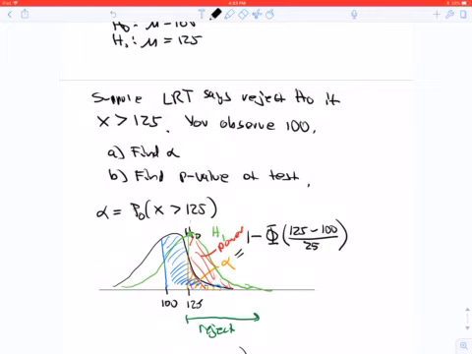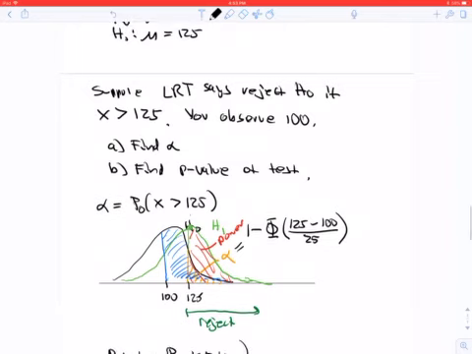Just to point out, power is the area above the rejection region under the alternative distribution. That's what's shown in red here. And the p-value is what's shown in blue, so that is the area to the right of 100 under the null distribution.